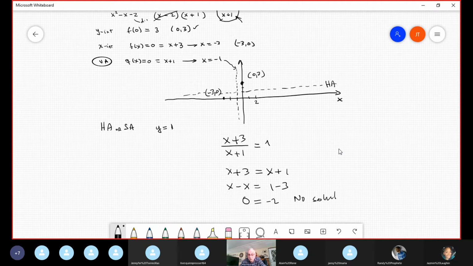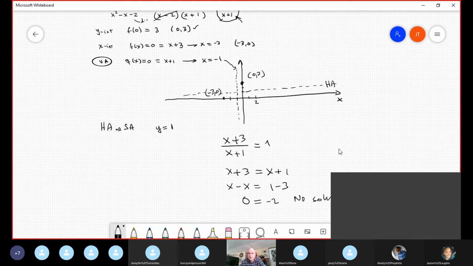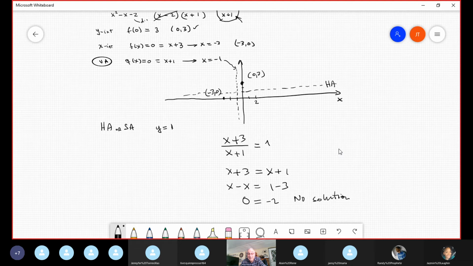In other words, because in the second part of the game, we need to investigate if the curve crosses or not the horizontal. Okay? Always. Don't forget this step.